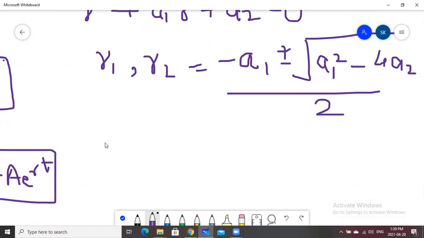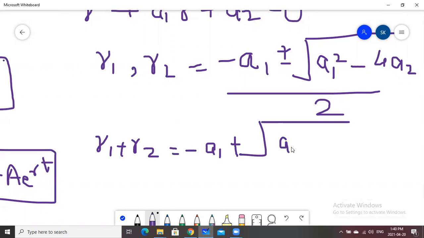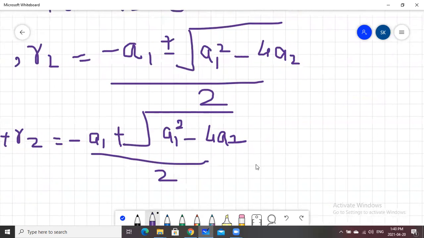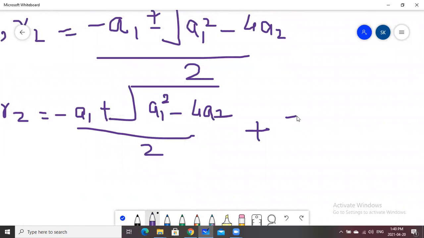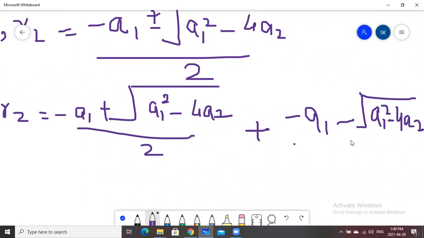Now we will add r1 and r2 first, like we did in the earlier explanation. r1 plus r2 is equal to minus a1 plus square root of a1 square minus 4a2, divided by 2, plus minus a1 minus square root of a1 square minus 4a2, the whole divided by 2.